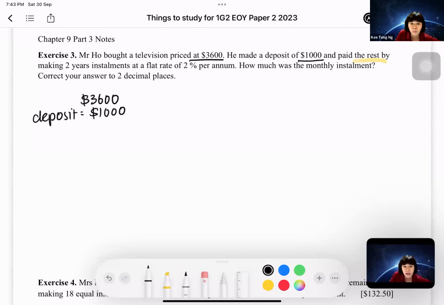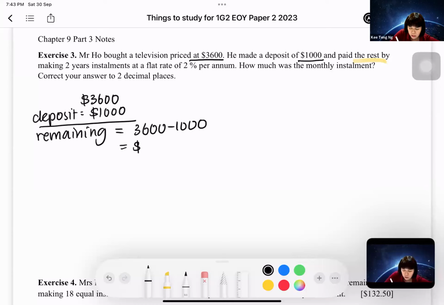And then I need to borrow the remaining or pay the remaining slowly back. So let me find out what is the remaining amount, or rather the balance. So my remaining amount will be 3,600 minus 1,000 to give me $2,600. Correct? So $2,600, this is the amount that I still owe them.